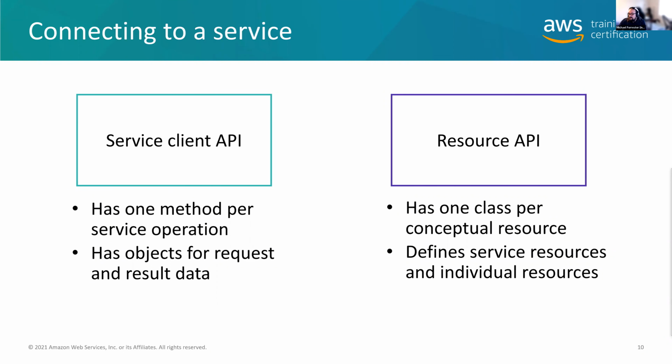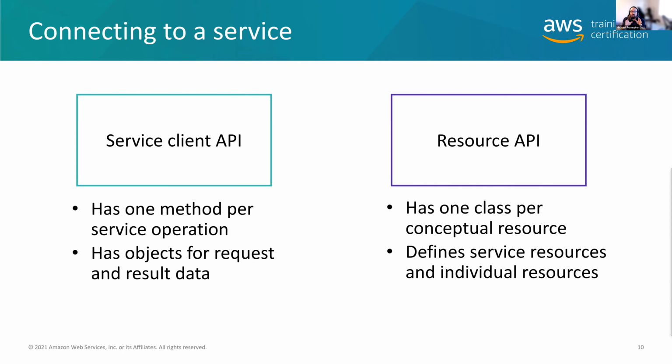Some of the SDKs, such as the SDK for Python, as an example, have higher level APIs called resource APIs. So what this does is it's a higher level abstraction than lower level calls. And the resource API consists of classes representing each of the conceptual resources that you interact with when you use a service, right?